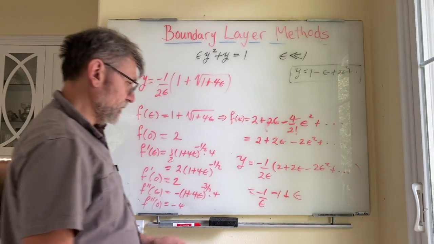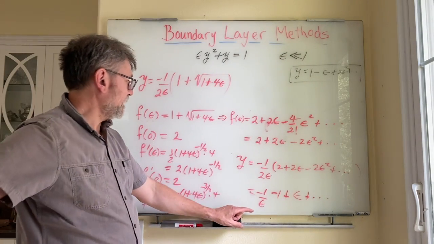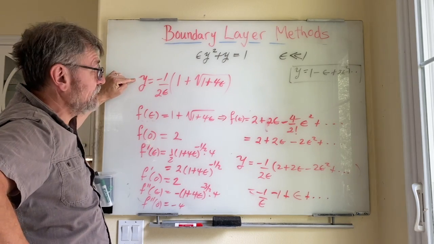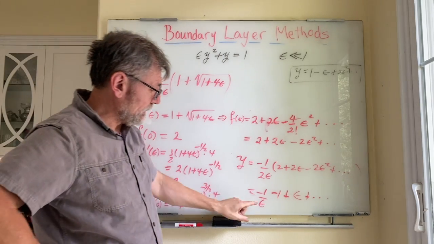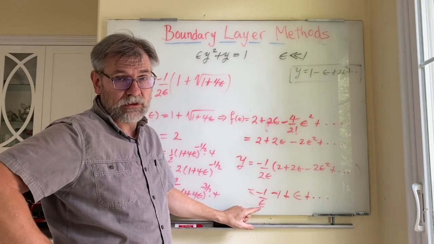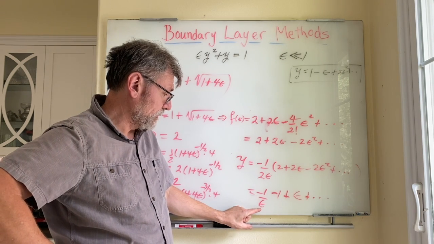So these are the first three terms in the power series expansion of y. And what you see, which is very different than what we tried, is that the first term in the series expansion goes like 1 over epsilon instead of epsilon to some positive integer power.